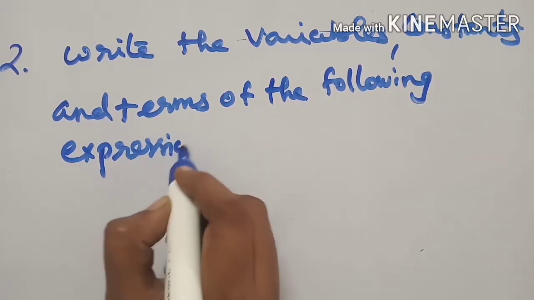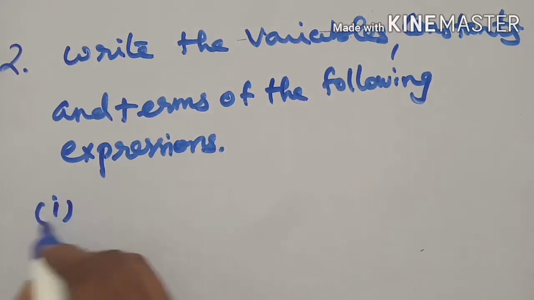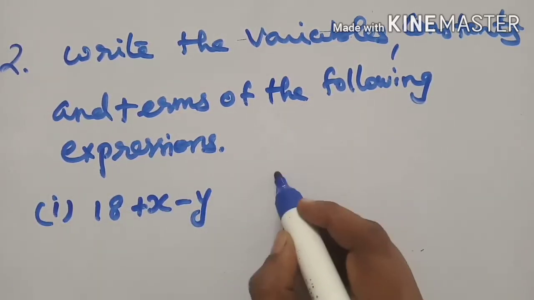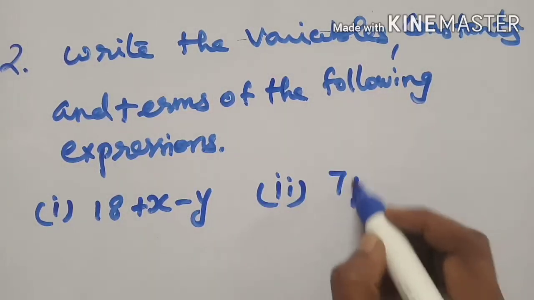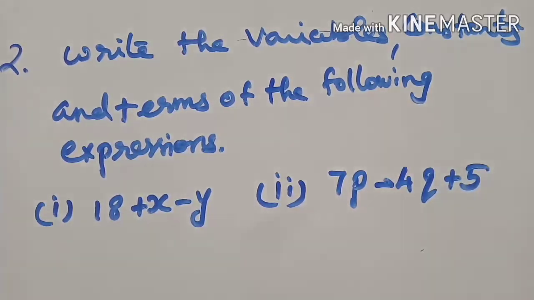Here I will go with two sums. That is 18 plus x minus y, and then the second sum, 7p minus 4q plus 5.